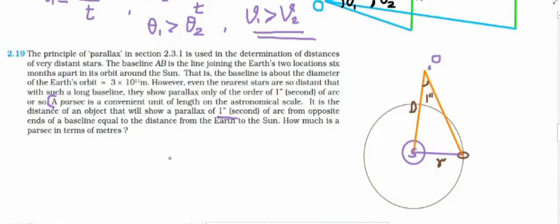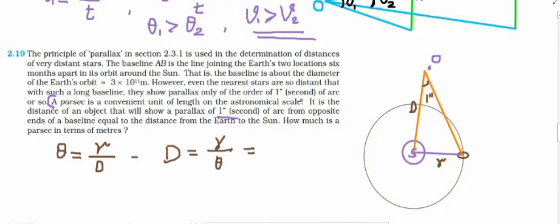We have the formula: angle theta is equal to arc length r divided by radius. So here d will be the radius. So we need to calculate d parsec. d is equal to r divided by theta.